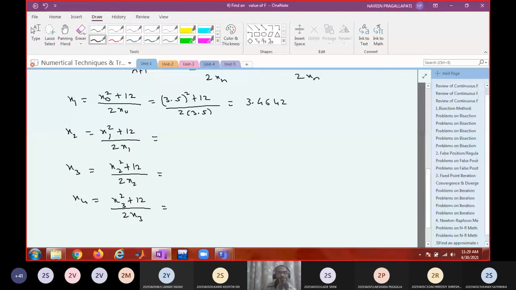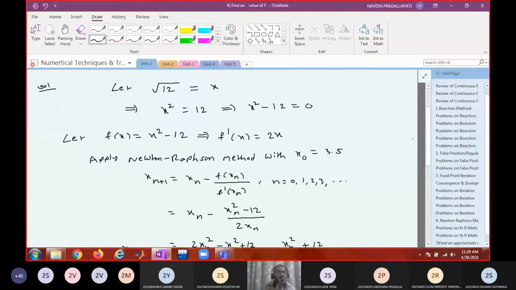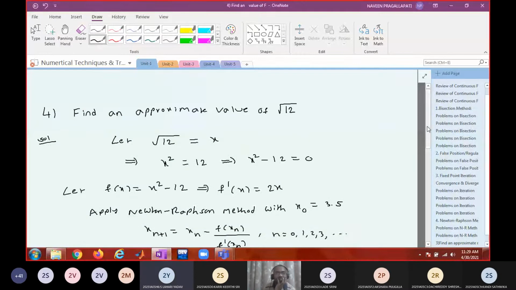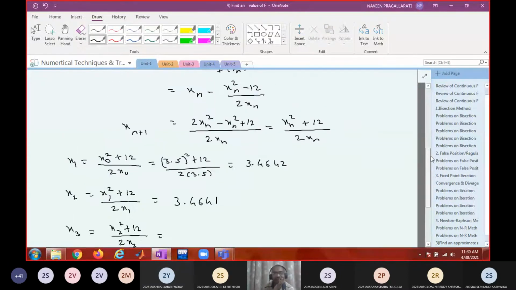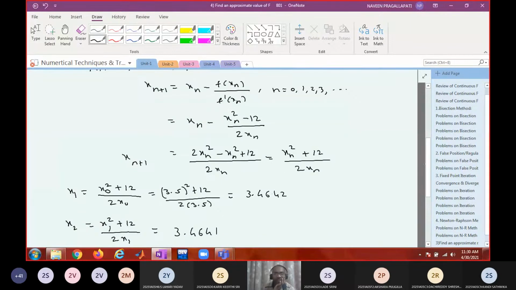x2. 3.46410. I think we are trying to write 5 decimals. No. What is x1 value when rounded to 5 decimals? 3.46429.